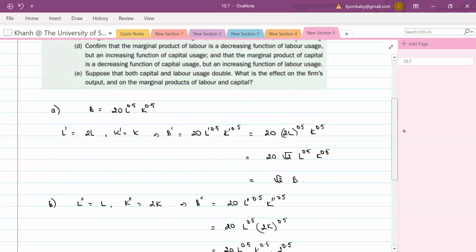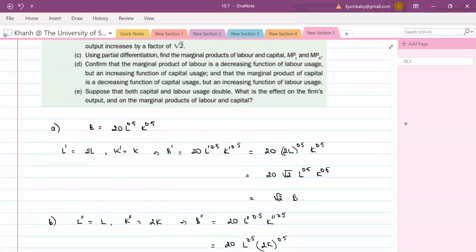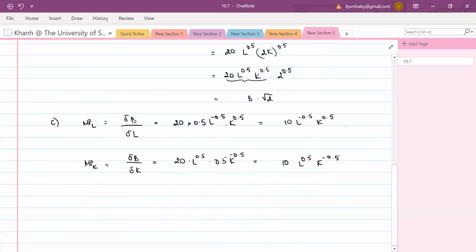All right. So part D asks you to confirm that marginal product of labor is a decreasing function of labor, but an increasing function of capital. So this is my marginal product of labor function.